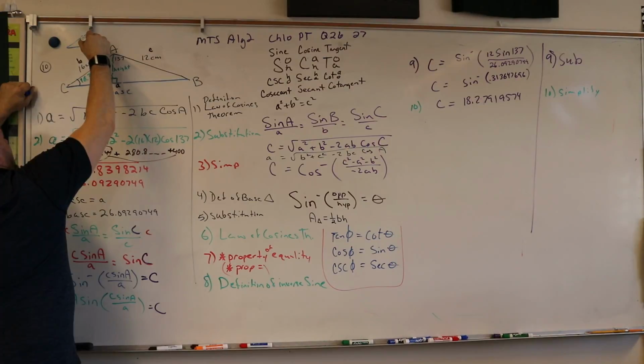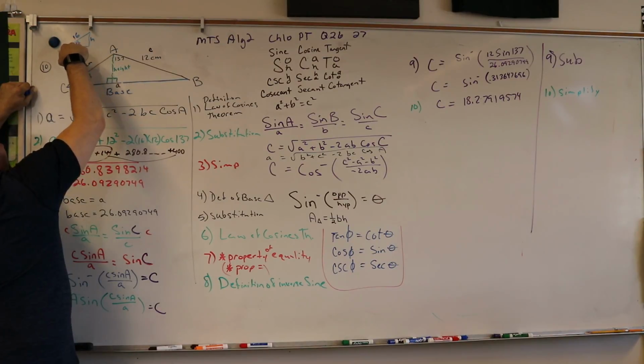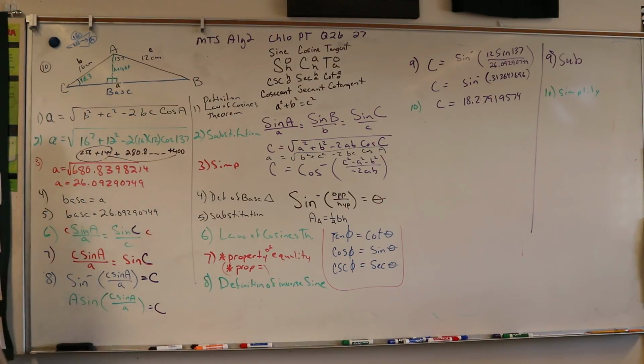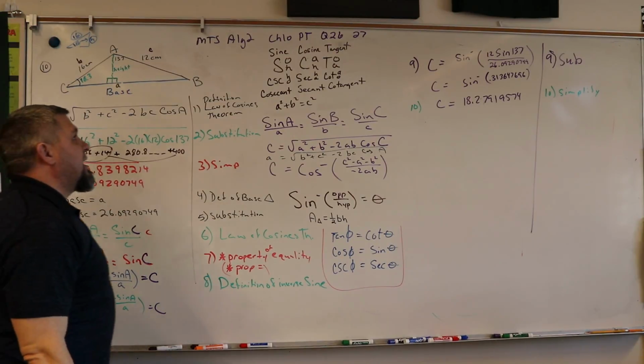This is the height. I do not know this part, but I do know this angle. And I don't know H, but I do know that this is 16. I know this is 18. So if I know this angle, and I'm looking for the opposite and the hypotenuse is what I have. So what is opposite and hypotenuse?